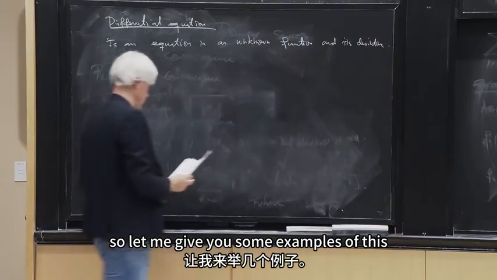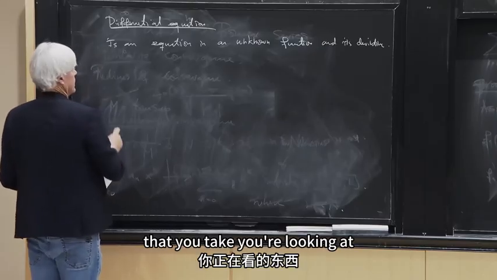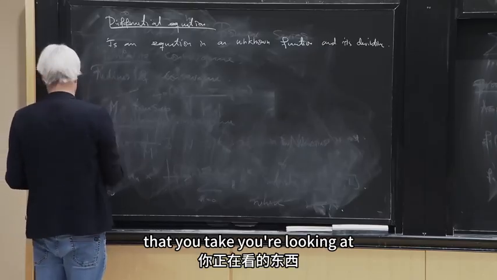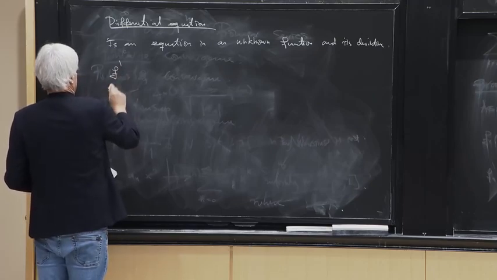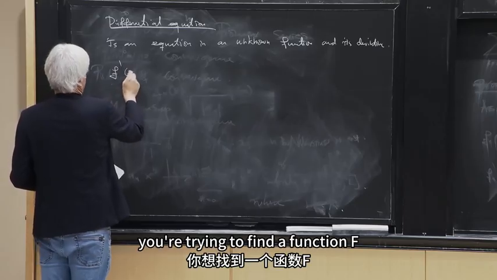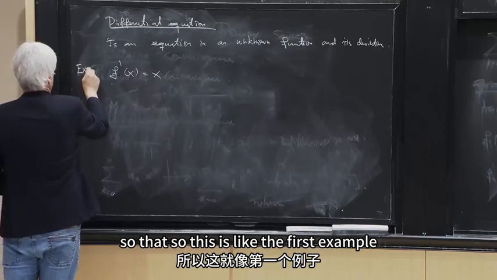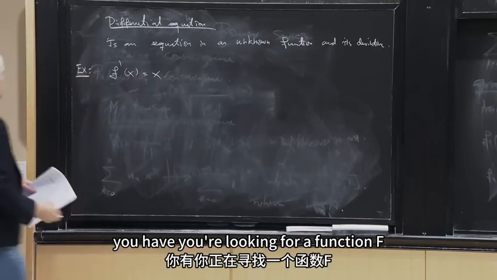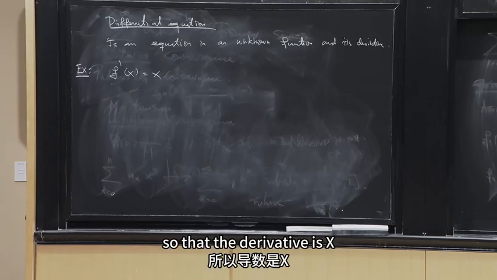So let me give you some examples of this. You're looking at a function f. You're trying to find a function f, so this is the first example, so that the derivative is x.